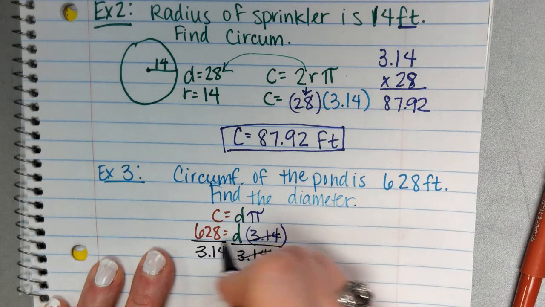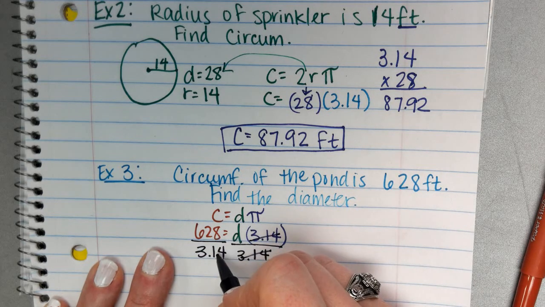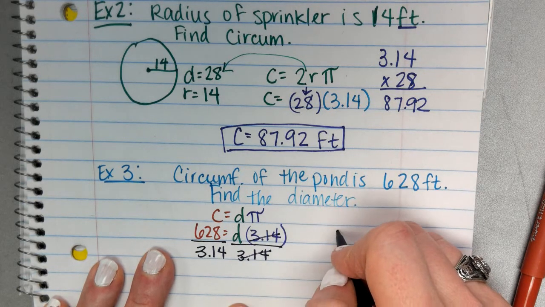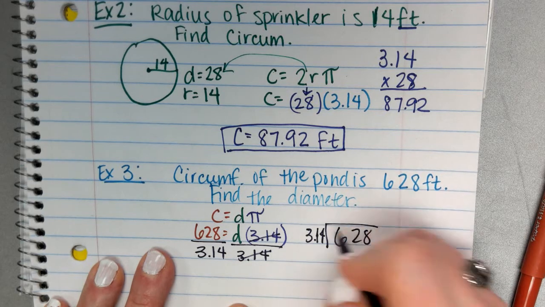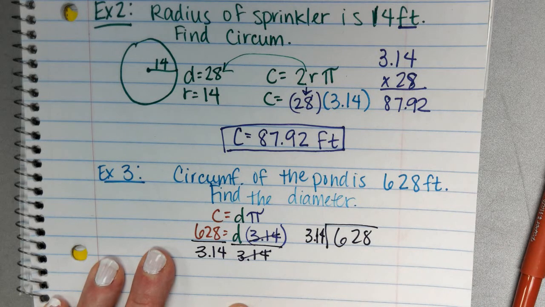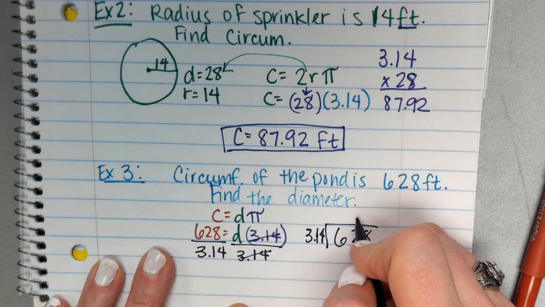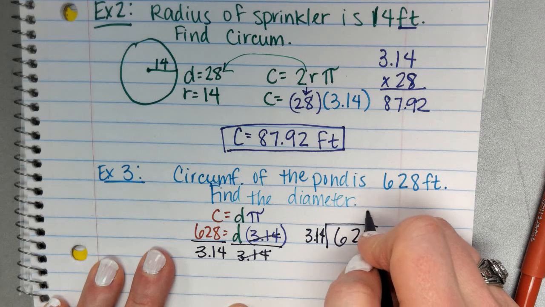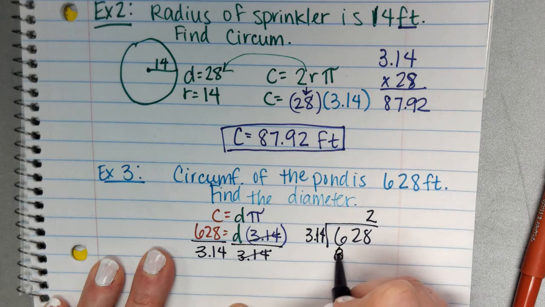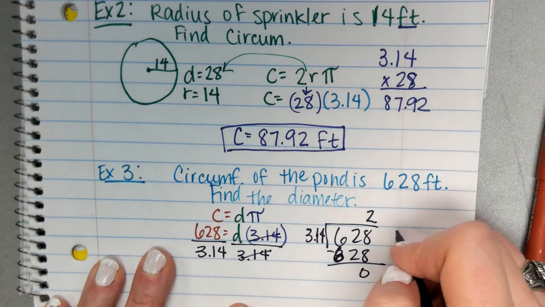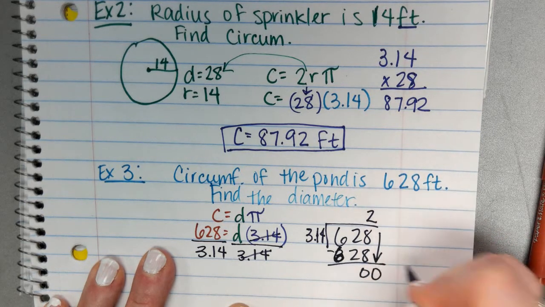That cancels out, and all you're left with is 628 divided by 3.14. It will go into 628 2 times, and that is 628 exactly. Such nice numbers. You get a 0. Bring down your 0.